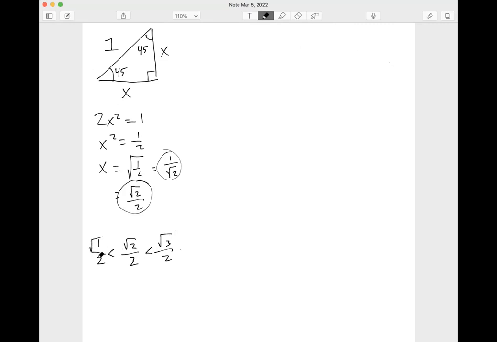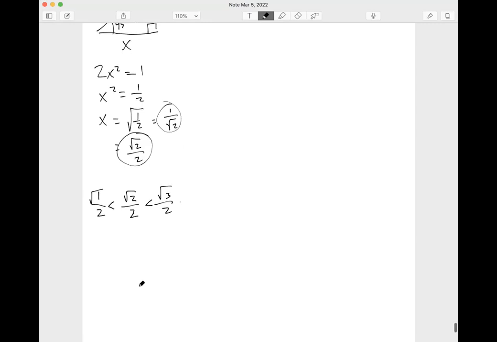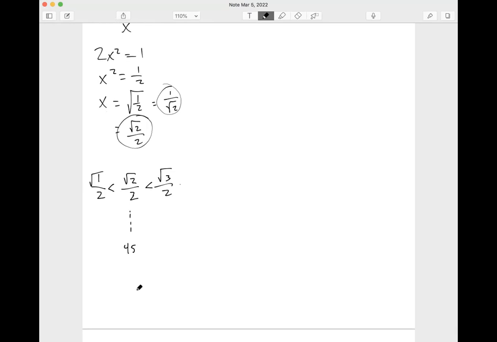So really, it's just radical 1/2, radical 2/2, radical 3/2. It's a good way to memorize. Yeah, that makes it a lot easier. So the halfway point, 45, they're the same value. 1/2 is the smallest.